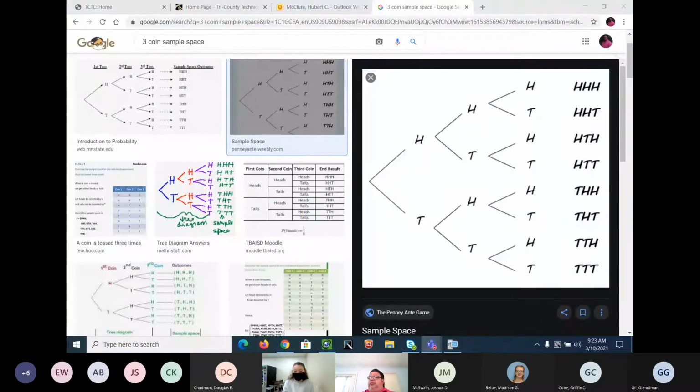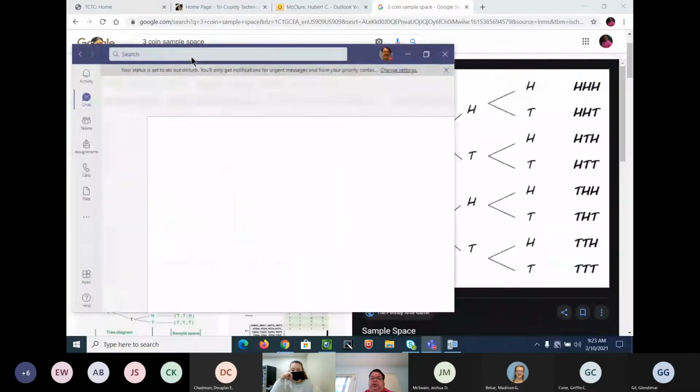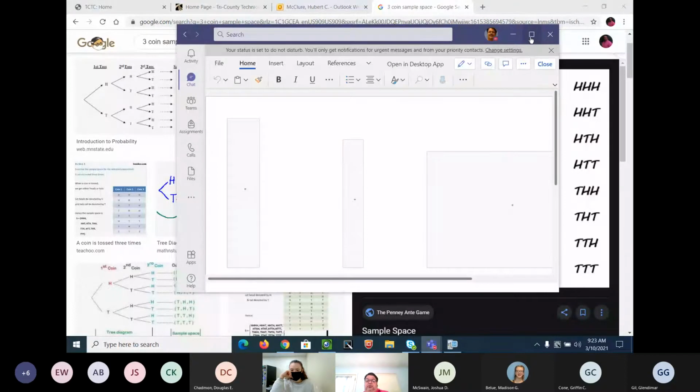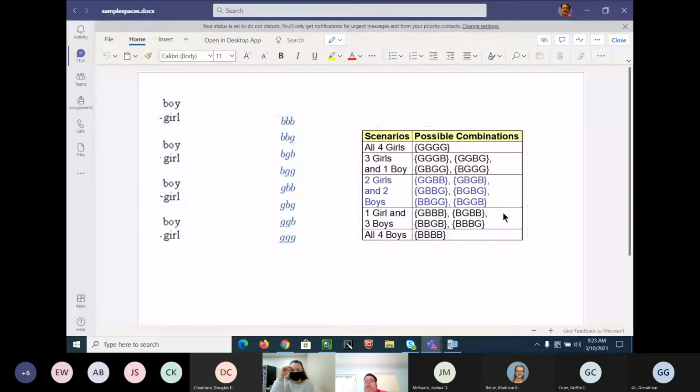All right, see if y'all got this. Y'all see it? I'm going to pull it up for you. I'm going to show you what to fix. I was in a hurry when I did this for class yesterday or last night. You need to fix index cards, and some of your index cards need to have sample spaces on them.